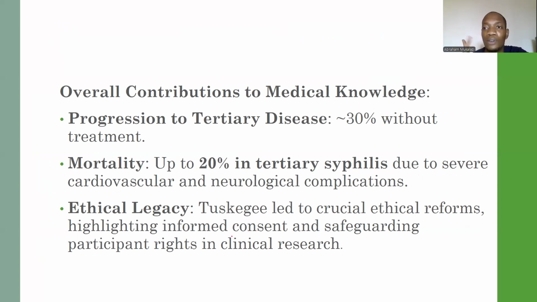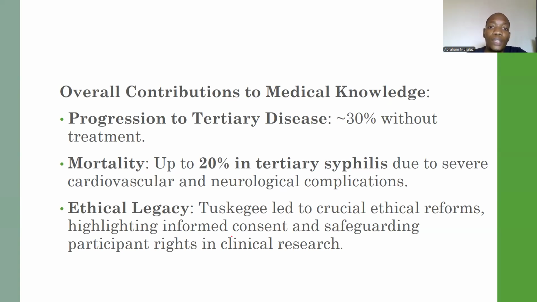So it's because of those two studies that people came in to regulate research when it comes to human participants. So despite them doing bad things, at least there's something good that came out. One, we're able to know how syphilis progresses. Two, we're able to get regulations about the protection of human research participants.